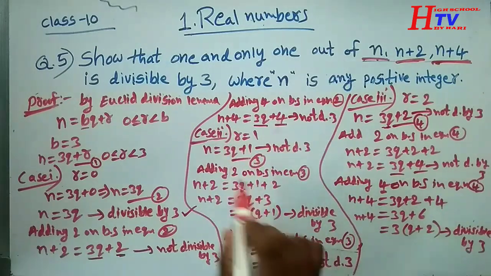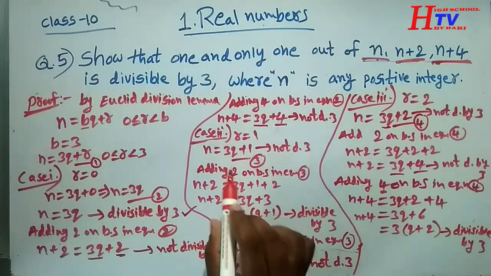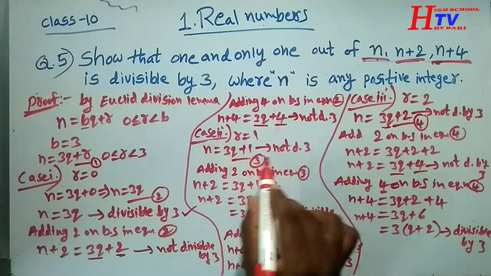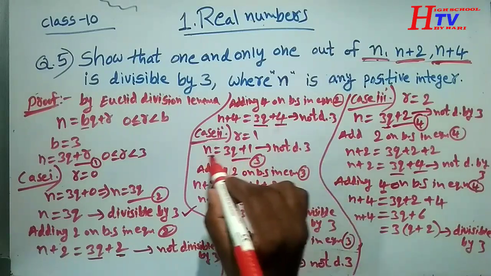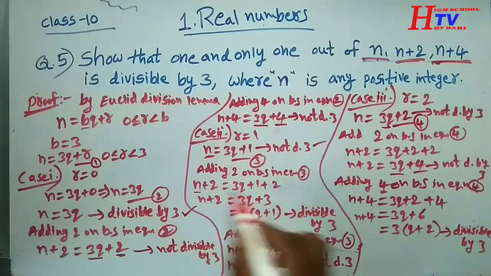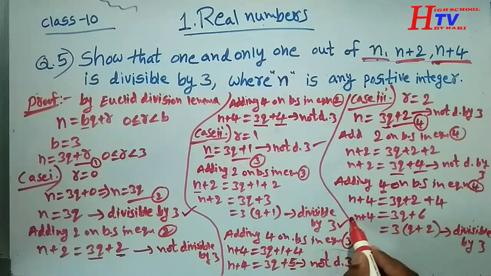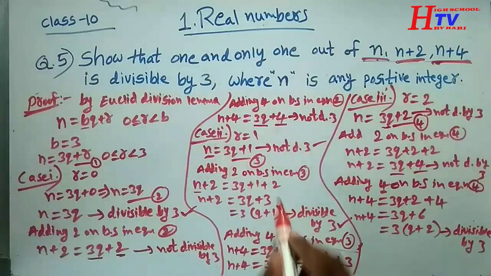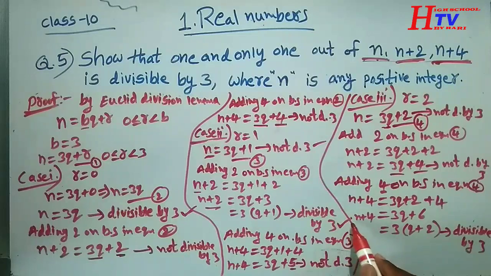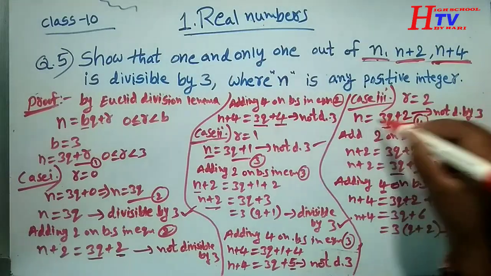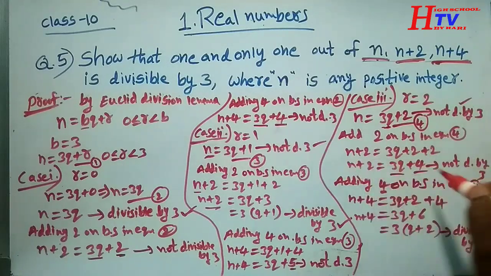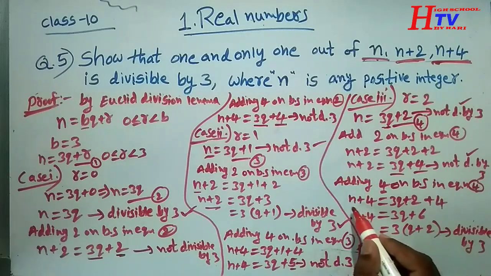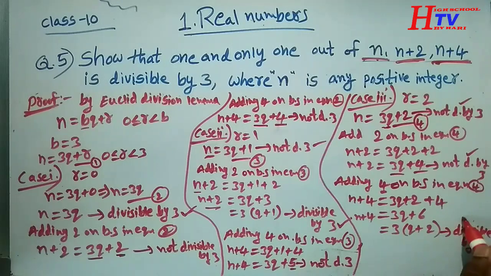In case 2, remainder r equals 1, n equals 3q plus 1, that means n is not divisible, n plus 2 is divisible by 3, and n plus 4 is not divisible. In case 1, only n is divisible by 3. In case 2, n plus 2 is divisible by 3. In case 3, n is not divisible, n plus 2 is also not divisible, and n plus 4 is divisible by 3.